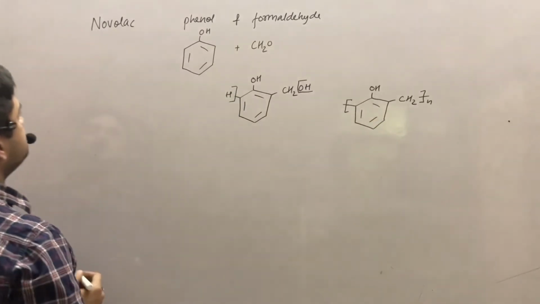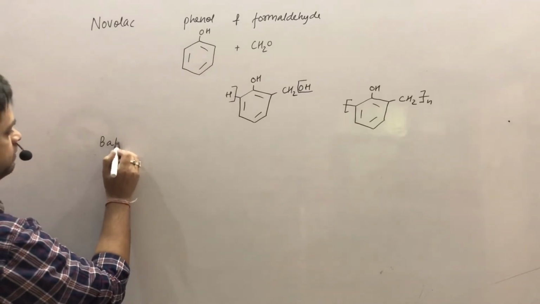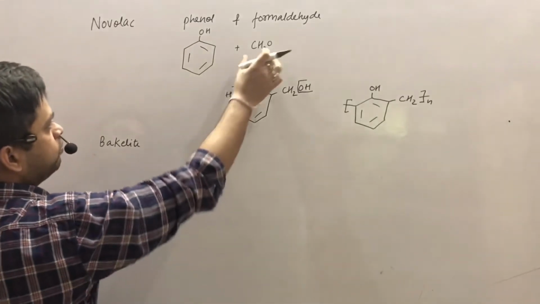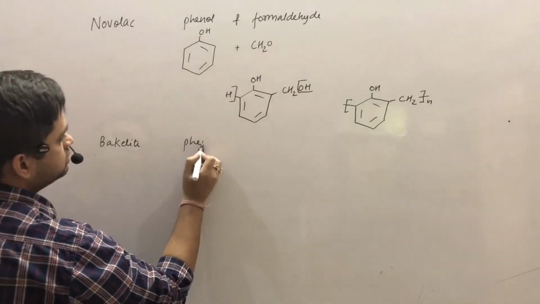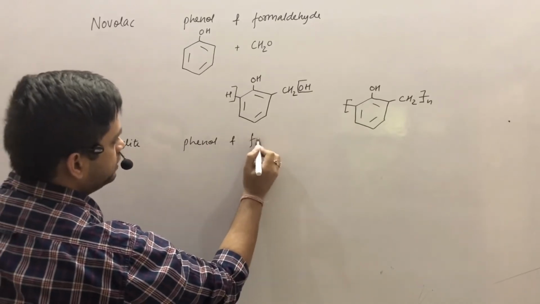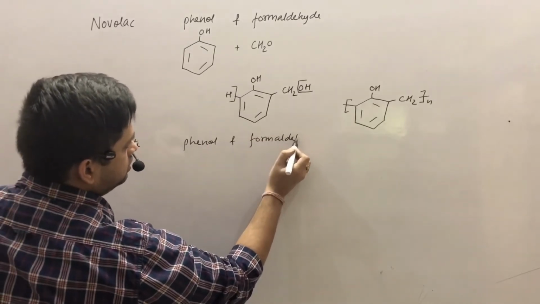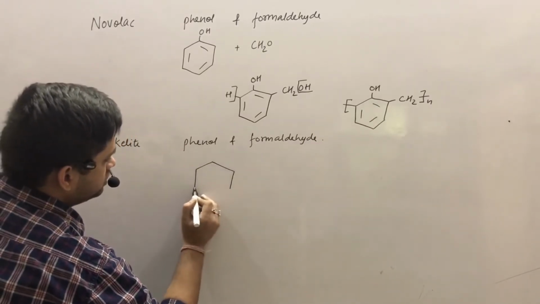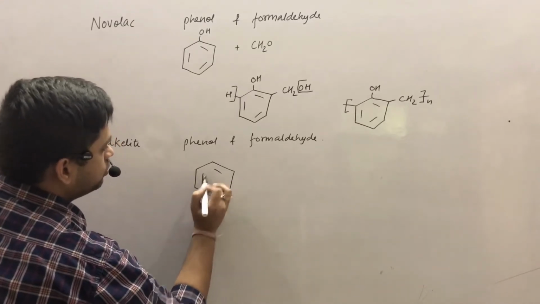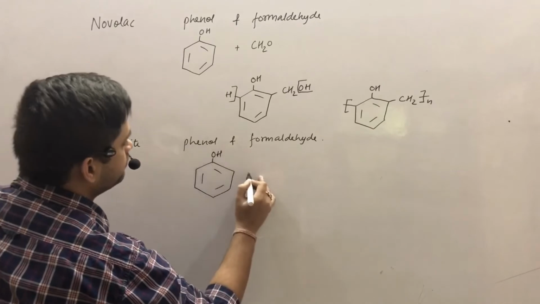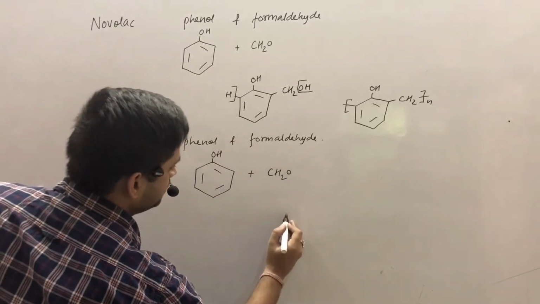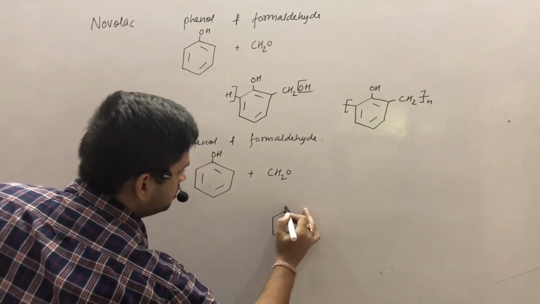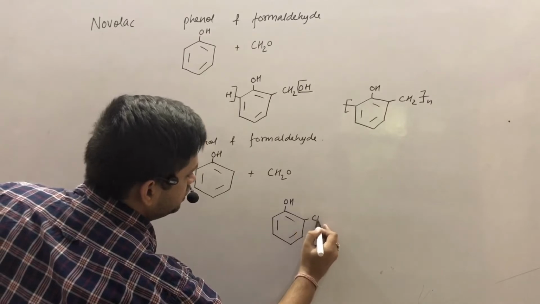The next polymer is Bakelite, and Bakelite basically is cross-linked Novolac. So when formaldehyde is used in excess, phenol and formaldehyde, again the monomers are the same, it gets attached not only at ortho position but also at para position. And the repeating unit so formed is this CH2OH.